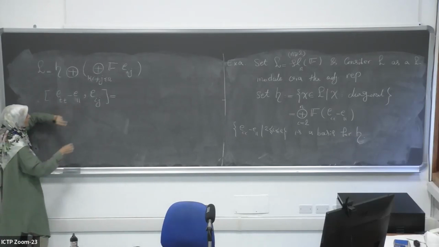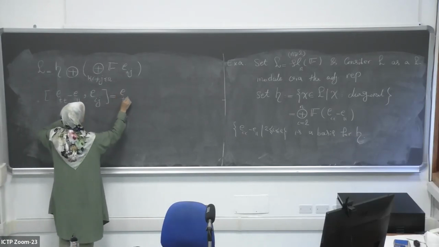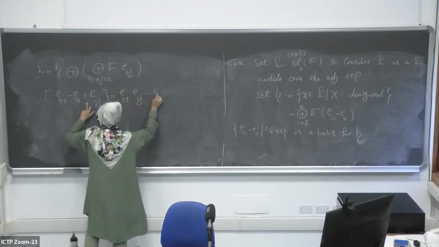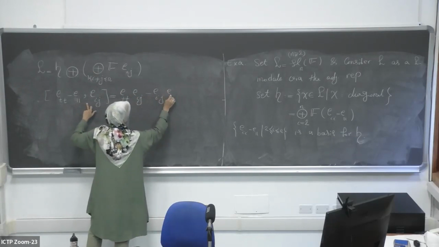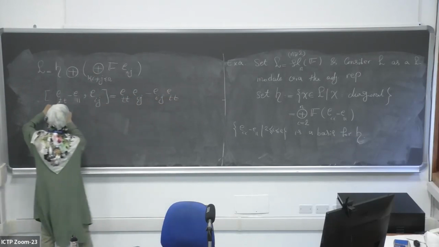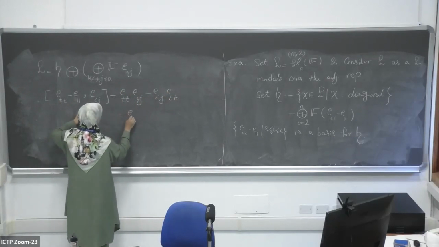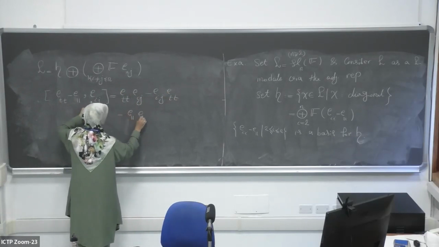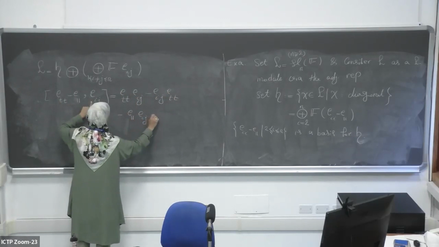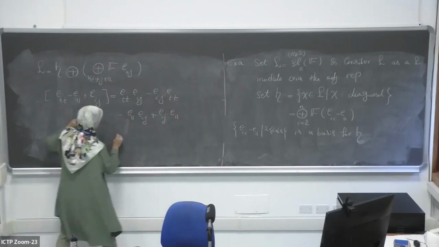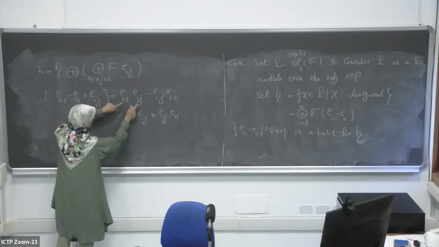And what is it? It is E_tt E_ij minus E_ij E_tt, the bracket of this part and this part, and then minus E_11 E_ij plus E_ij E_11.